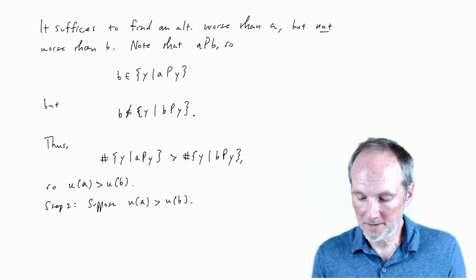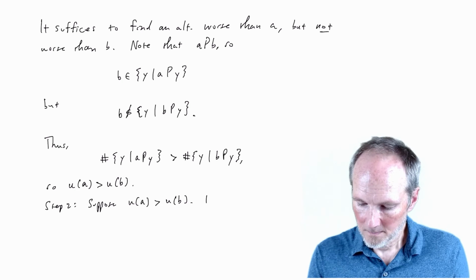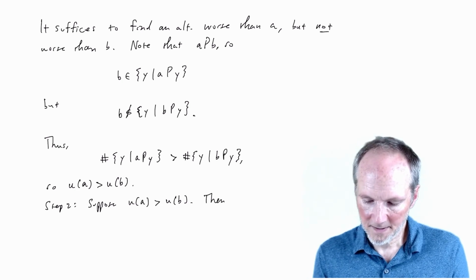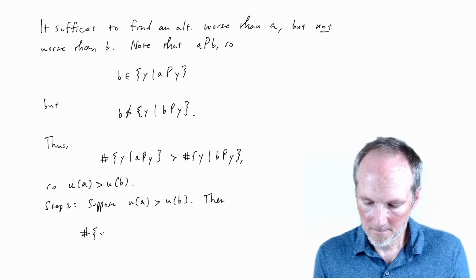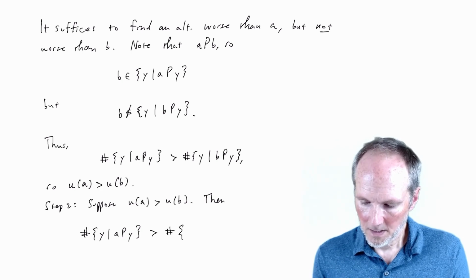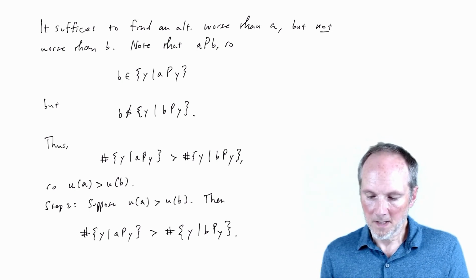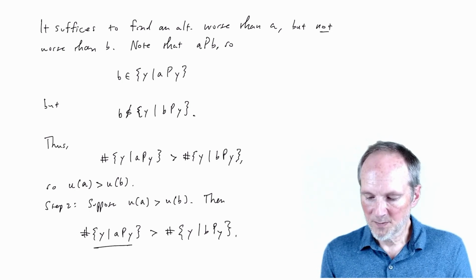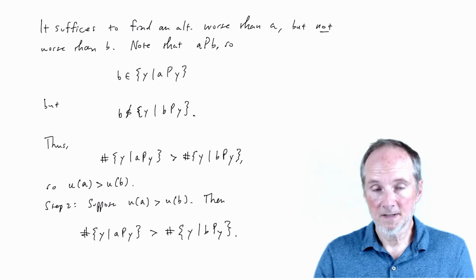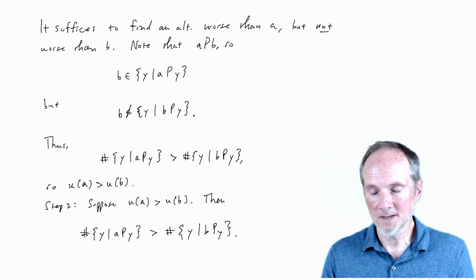Well, by construction, that means that the number of things worse than A is strictly bigger than the number of things worse than B. All right. So the first set is bigger than the second. Of course, that means that there's something in the first set that's not in the second.